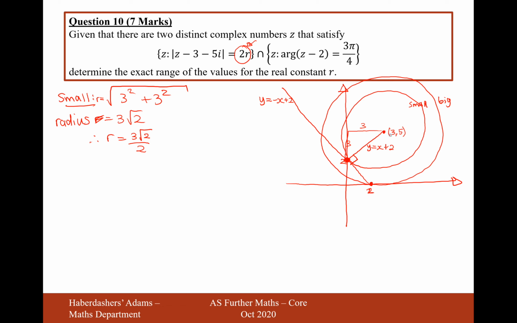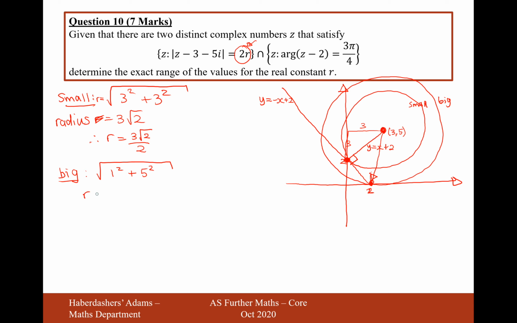The biggest value of the radius is going to be the distance between the centre point (3, 5) and the point (2, 0). So it's going to be the square root of 1 across and 5 up, so 1 squared plus 5 squared.